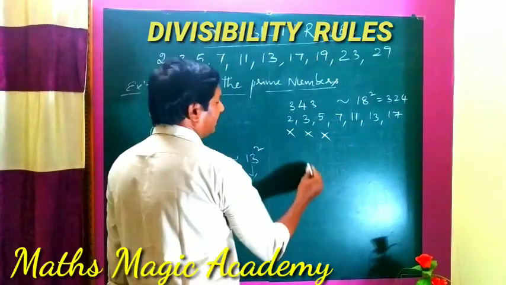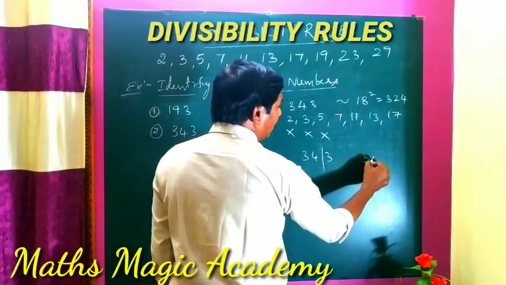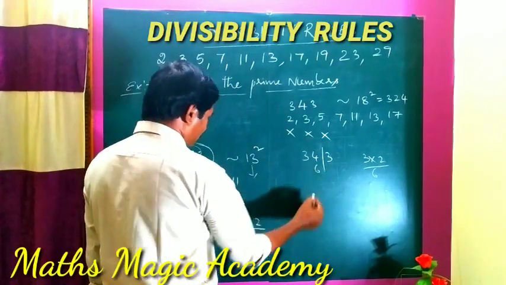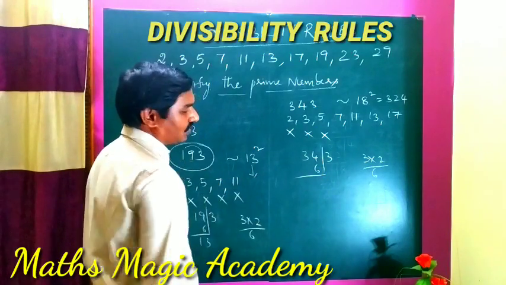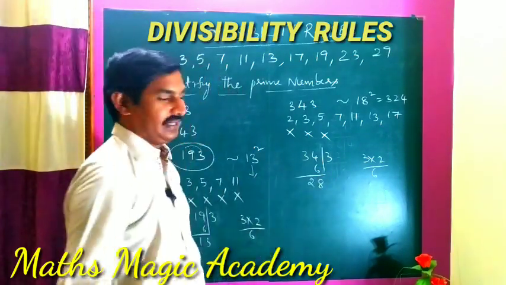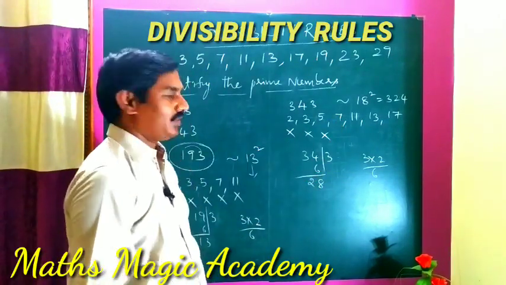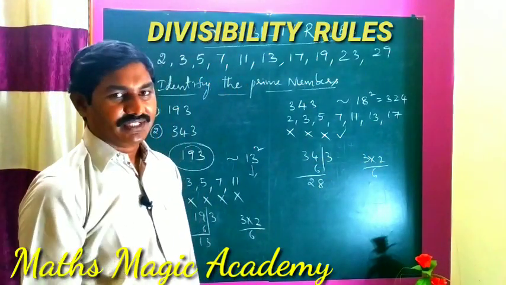Next we will go for 7. For 343, the last digit is 3. 3 into 2 is 6. This 6 should be subtracted from the remaining digits. What are we going to get? 34 minus 6 is 28. This 28 is divisible by 7. So 343 is also divisible by 7.